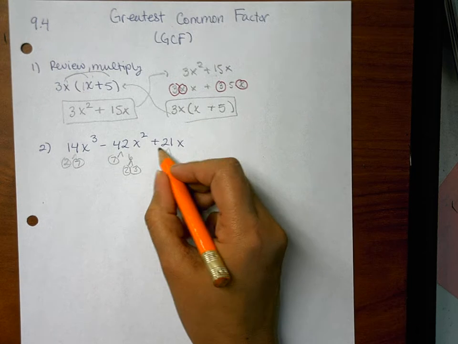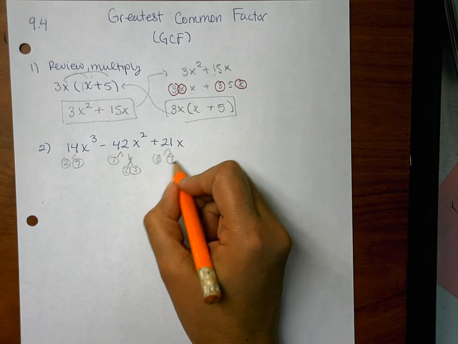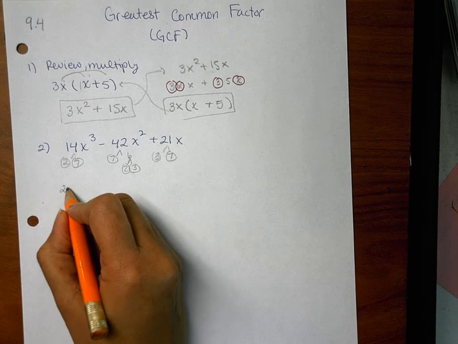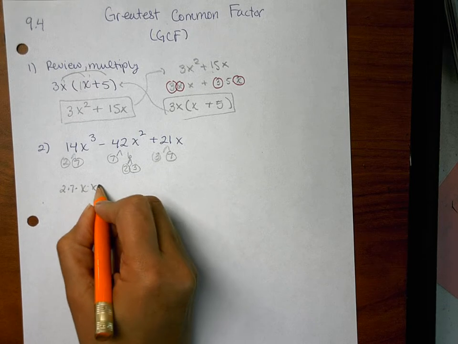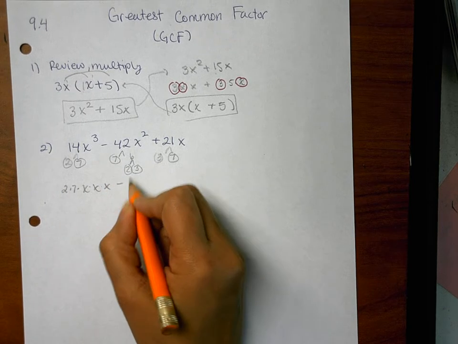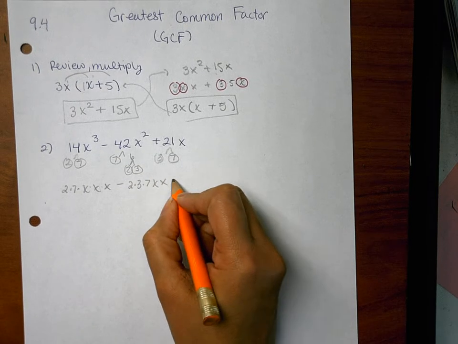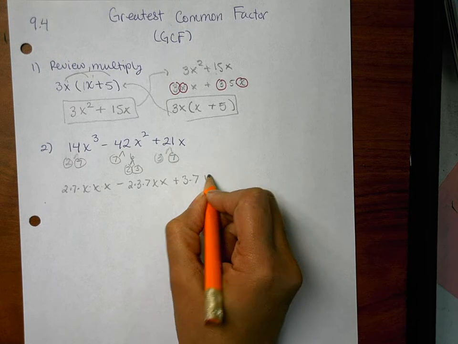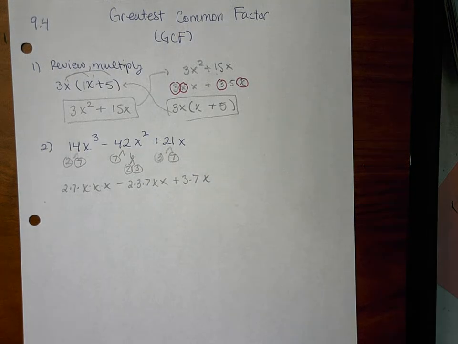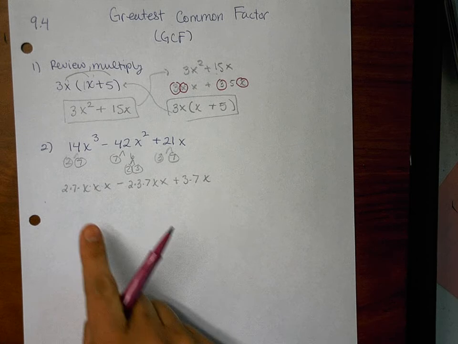And 21 to 3 and 7. Okay, so I have 2 times 7 and then 3 x's. And then 2, 3, 7, 2, 3, 7, and 2 x's, because it's x squared, plus 3, 7, and an x.